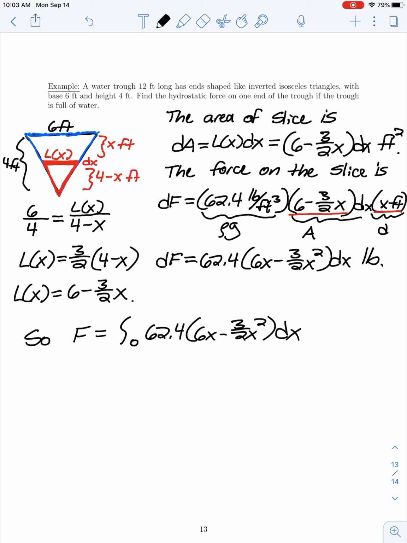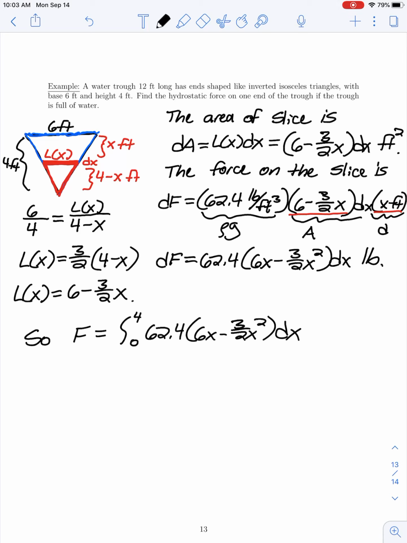From x equals 0, so that would be a slice at the top edge of our tank, and then x, which represents the depth, could go down to 4. Since the height of our tank was 4 feet, we could go down to a depth of 4 feet from the top edge, which is the surface of our fluid.